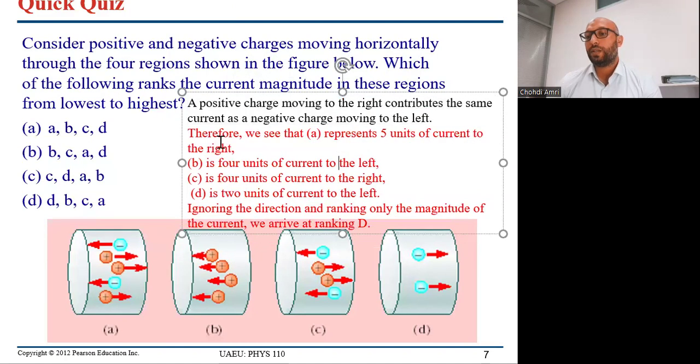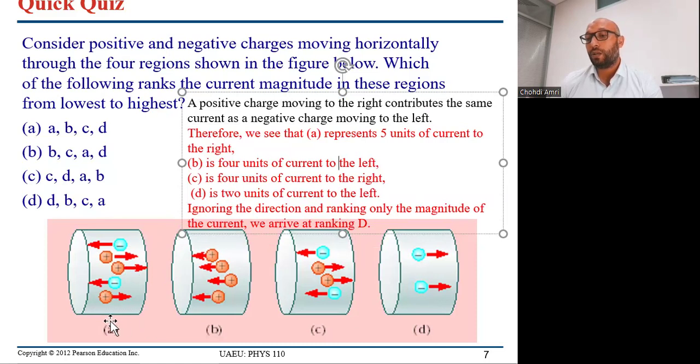And we can say that figure 1 represents 5 units of current, all of them to the right. Why are they to the right? For the electrons, we have 2 electrons, so they will contribute 2 units of current to the right, and we have three positive charges, so they are contributing 3 units of current to the right.